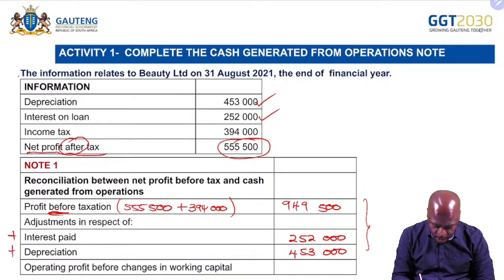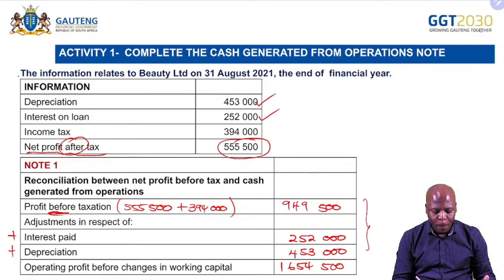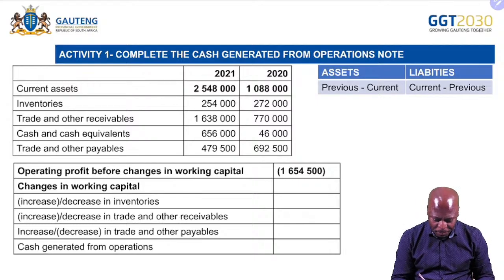And then you should get your 1,654,500. Okay, and this is your operating profit before changes in working capital, 1,654,500.